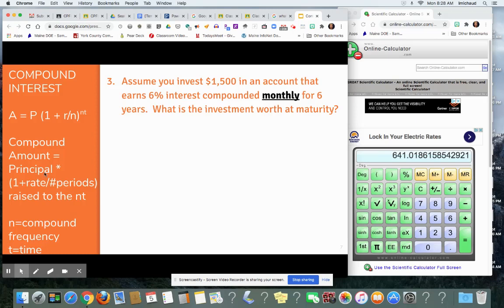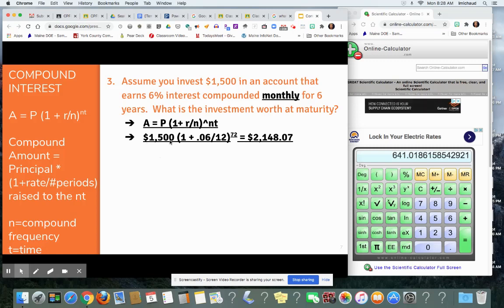Thinking, okay, what's the principal? What's the interest rate? How is it compounded? And then it's raised to the NT. Okay, so A is equal to P, 1 plus R over N, raised to the NT.